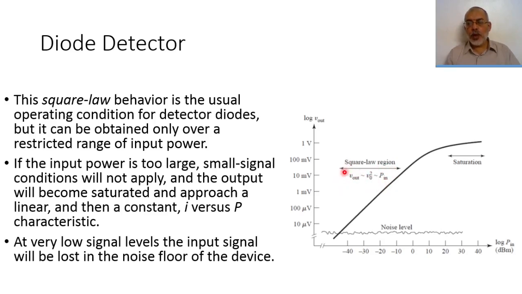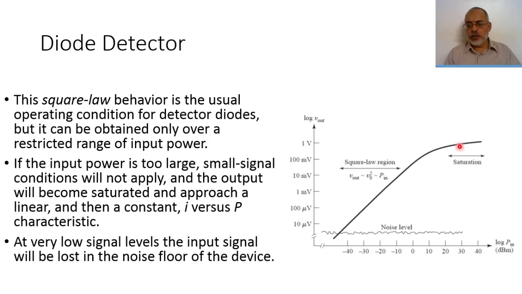So when the Schottky diode is used as a detector or as a rectifier, the output voltage is proportional to the input power. We call this the square law region, where the output voltage is proportional to the input power.